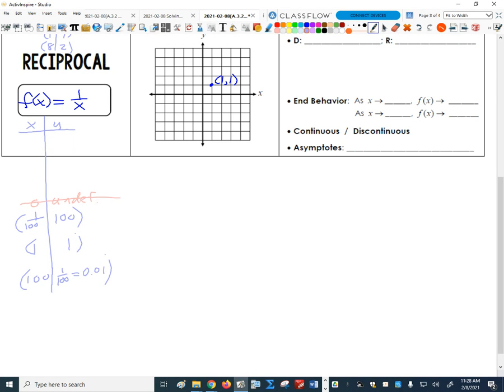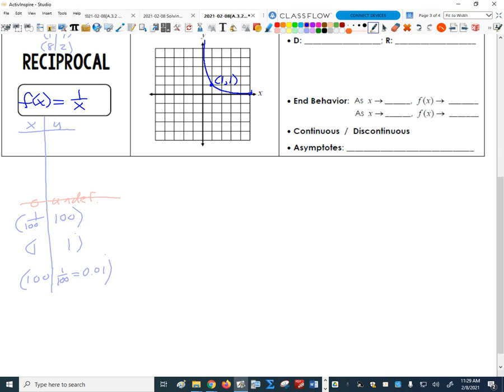But if I input a really small positive x value, the output is a really big positive y value. That's creating a strange shape. That's creating a shape that does something like that. Isn't it strange? Small x input, big y output. Big x input, small y output.